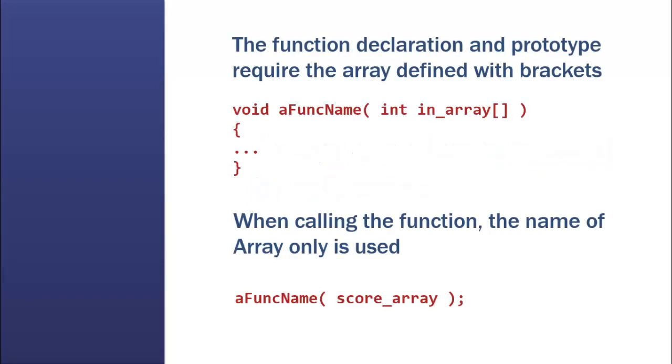When you are writing a function parameter, there is a really simple difference that you have to keep in mind. When you write the declaration or your prototype, you're going to declare the parameter much like you would an array variable that you create in main, for example.